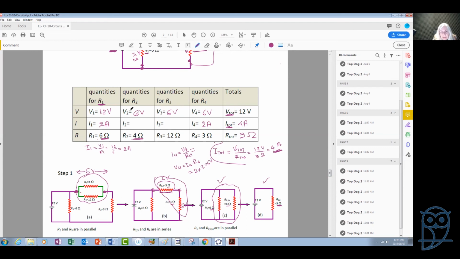Again, applying Ohm's law, for the column of the R2 resistor, the current I2 is V2 divided by R2. V2 is 6 volts divided by the resistance, which is 4 ohms.